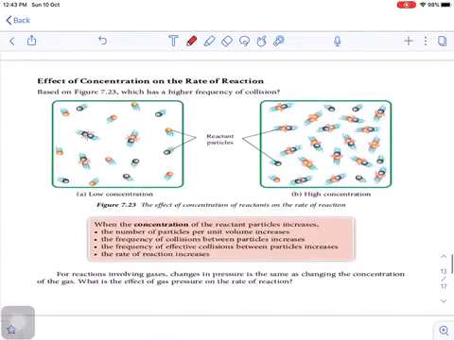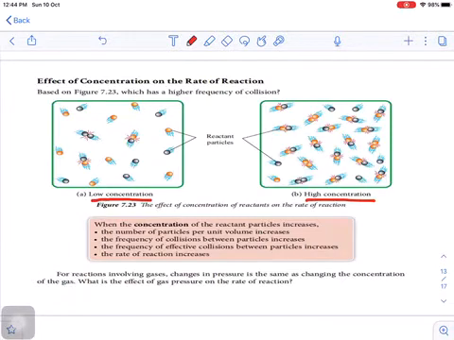Okay. So, effects of concentration on the rate of reaction. So, this one at low concentration and at high concentration. So, you all boleh tengok, pada low concentration, the number of particle per unit volume is lower compared to the high concentration where the number of particle per unit volume is higher.